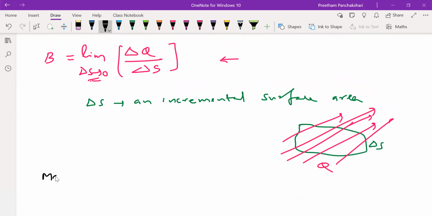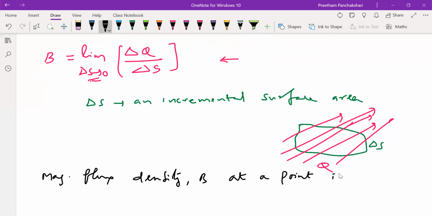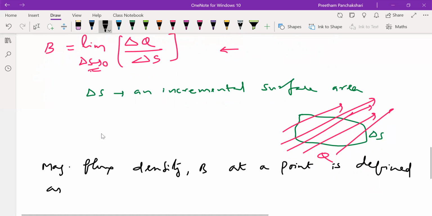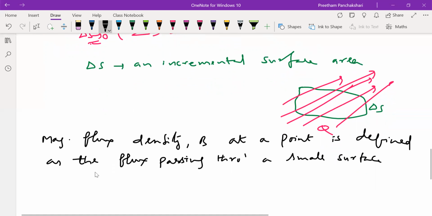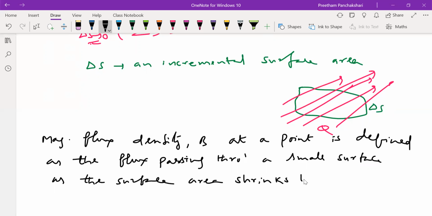So we can say that magnetic flux density B at a point is defined as the flux passing through a small surface as the surface area shrinks to 0.